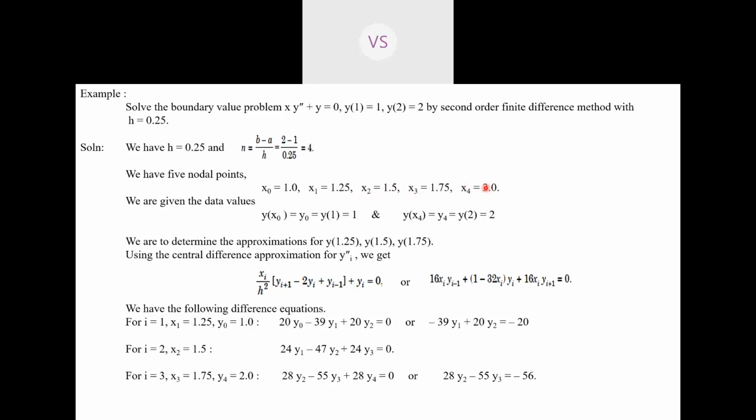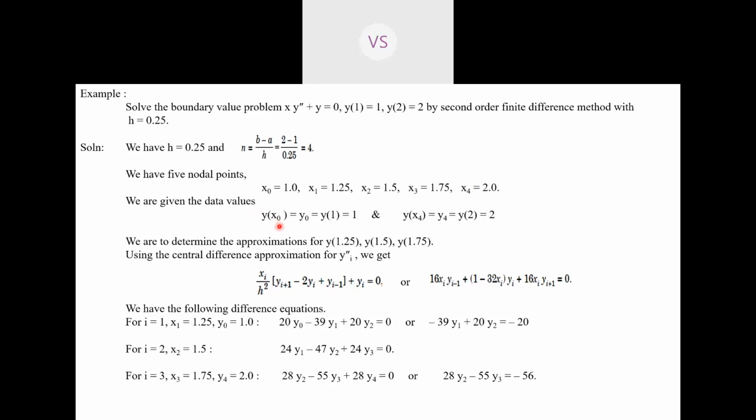So here the initial and final values of x are given to you. The initial value of x is 1, final value of x is 2. And what is the increment? Increment is 0.25. Therefore we have x0, x1, x2, x3 and x4. Okay, now we are given the data values.